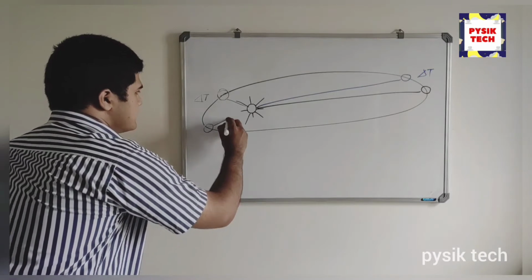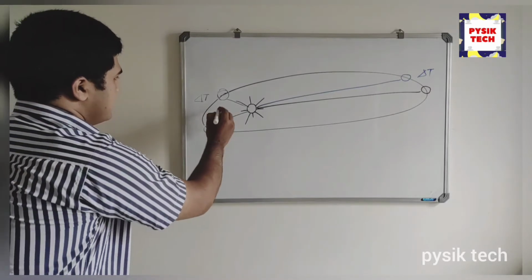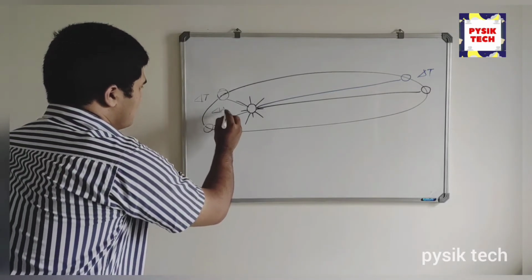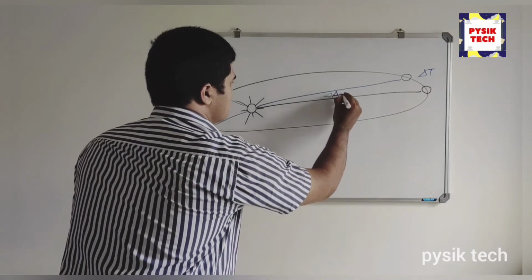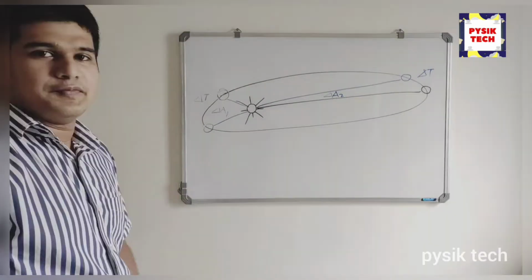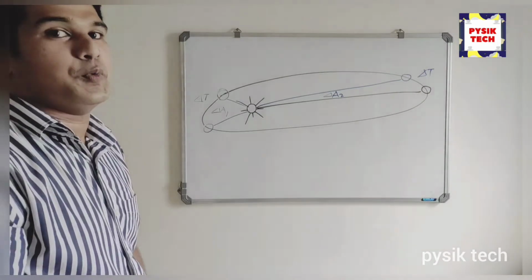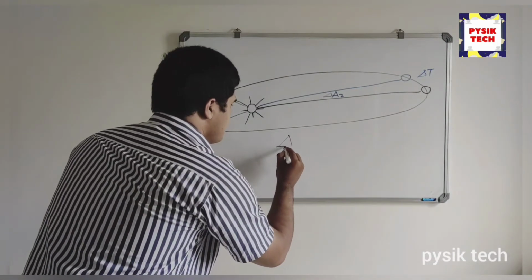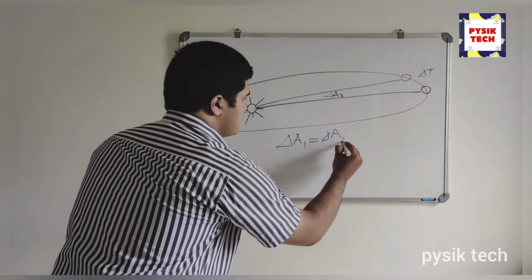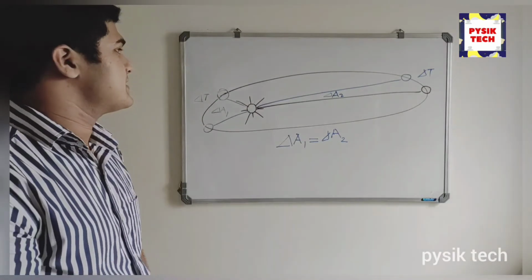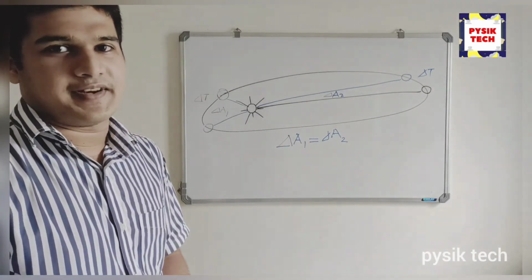If we calculate this area delta A1 and delta A2, then we can get a relation between delta A1 and delta A2. Delta A1 is equal to delta A2, which means that these areas are the same for a particular time difference.